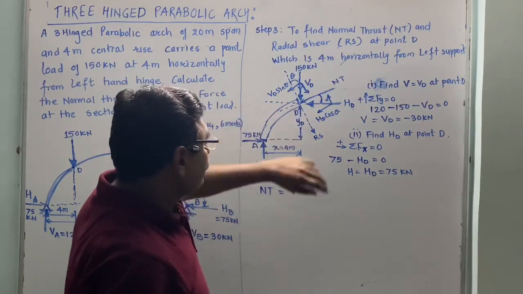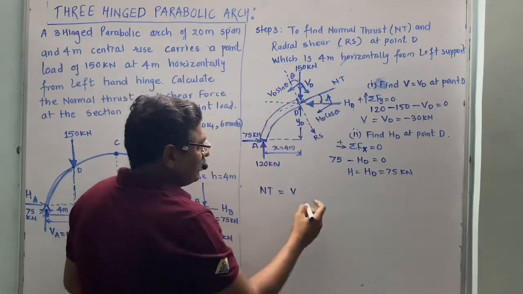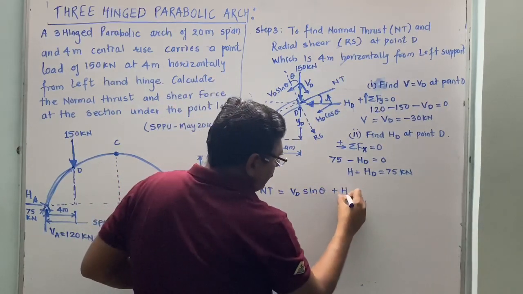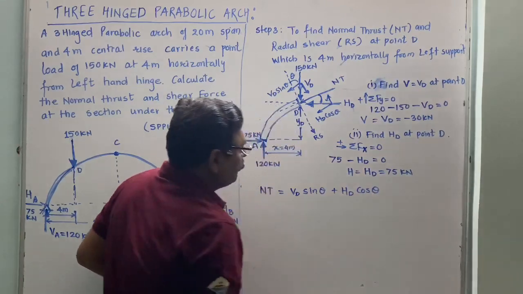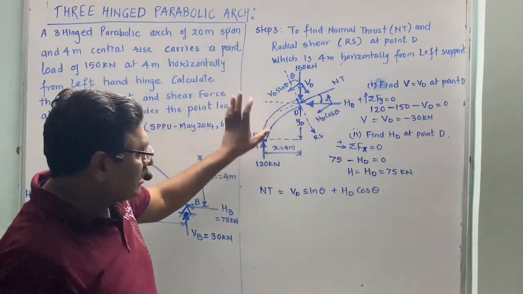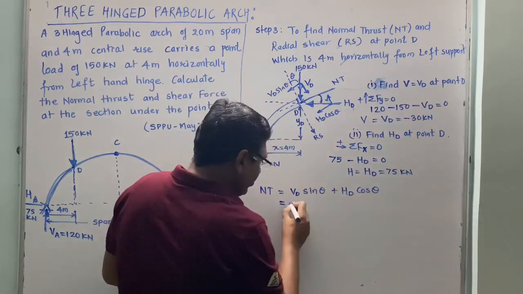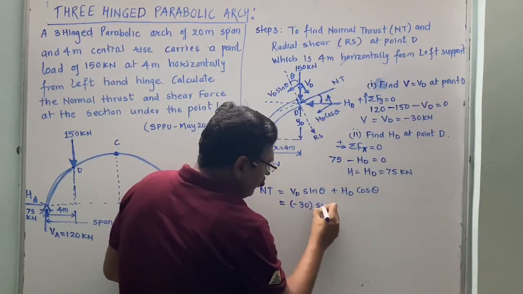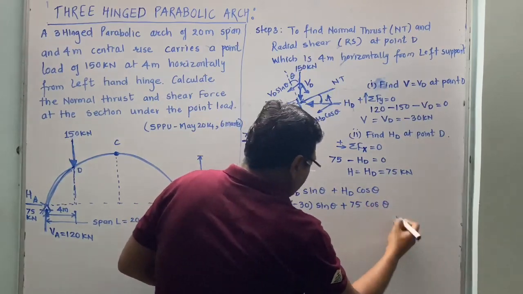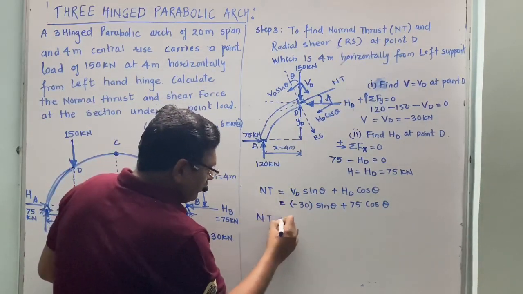So now here, normal force in this direction, both forces are in the same direction, so we can write VD sin theta plus HD cos theta. It's very simple, both are positive because your normal thrust is in the leftward direction and both forces are in the leftward direction. We can put the value of VD: VD is minus 30 sin theta plus HD is 75 cos theta. Once you get the value of theta, you can easily get the value of NT. So that is unknown for now.